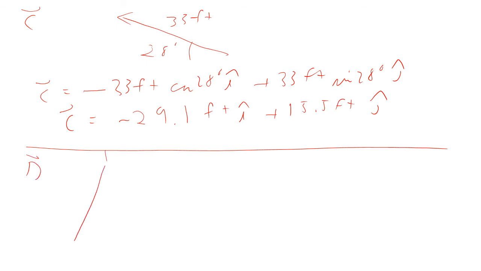Okay, now vector D. Vector D was like this, and that was 25 feet, and this was 40 degrees west of south. So for vector D, it's minus, the opposite of the angle is the sine. So minus 25 feet sine 40 degrees I, because it's going to the left, it's going down, so that's a negative for the y.